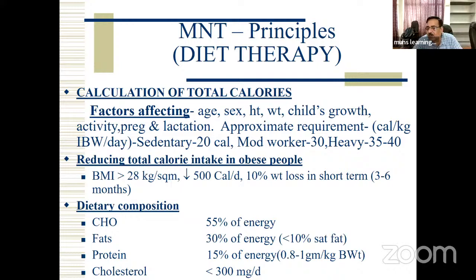What I want to emphasize is that in children, we are liberal with the calories because they have growth potential. For moderate workers, I have given you the calorie calculation per day of ideal body weight. For sedentary it is 20 kilocalories per kg per day, and for moderate workers it is 30 kilocalories per kg.